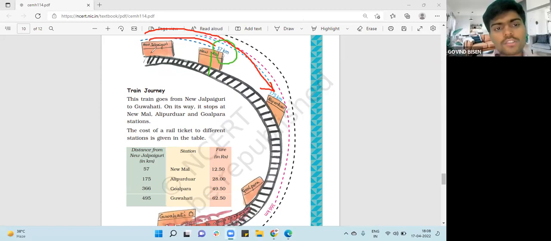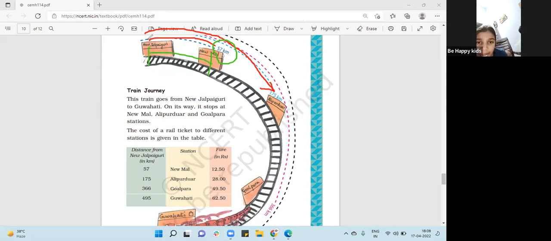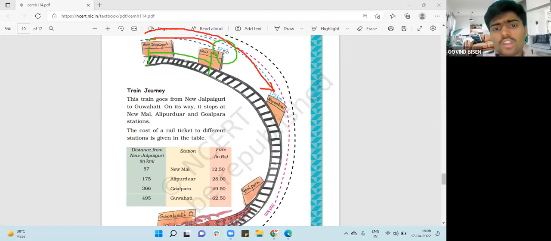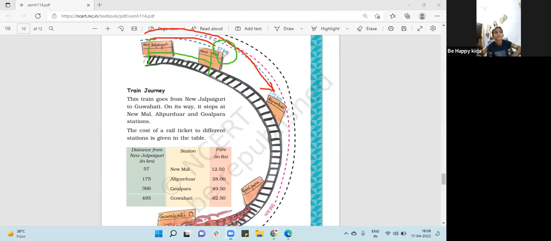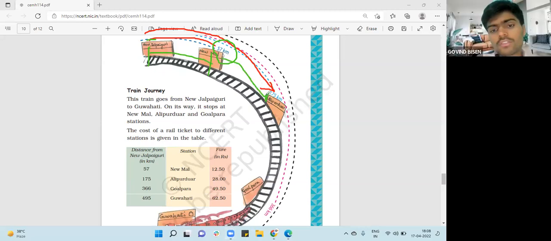What is the distance between New Jalpaiguri and New Mall? 57 kilometers, right? So to reach Alipurdwar, how many more kilometers do I have to walk?